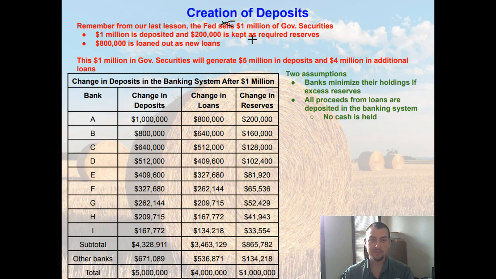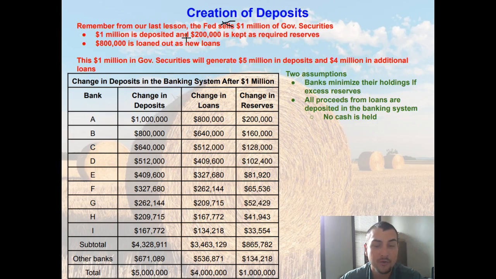So the government securities go from the citizens to the Fed, but in exchange the Fed gives the money back to the citizens. So then the citizens do what with it? Well, they go put that money in a bank. That $1 million is deposited into these individual banks.